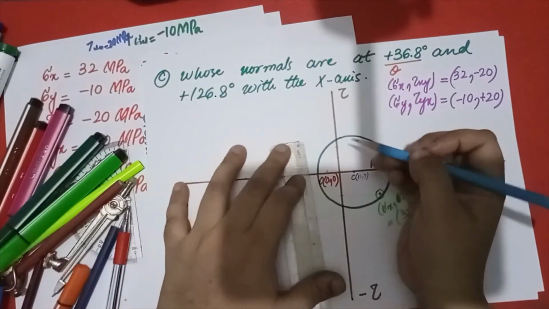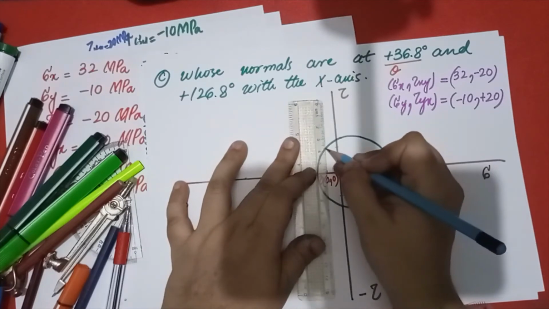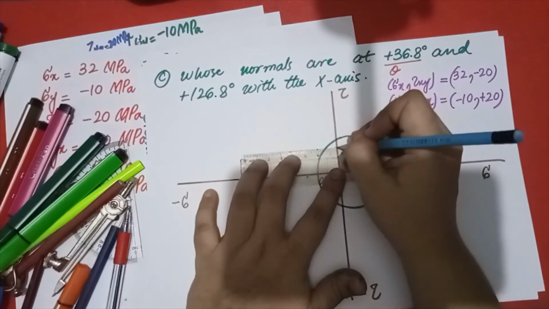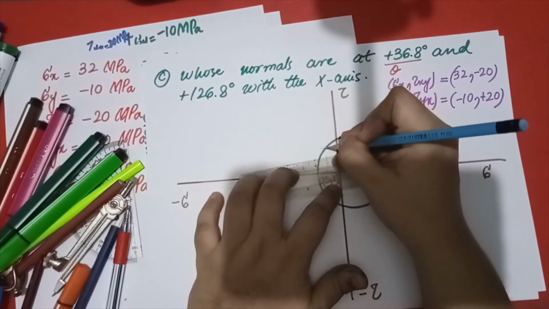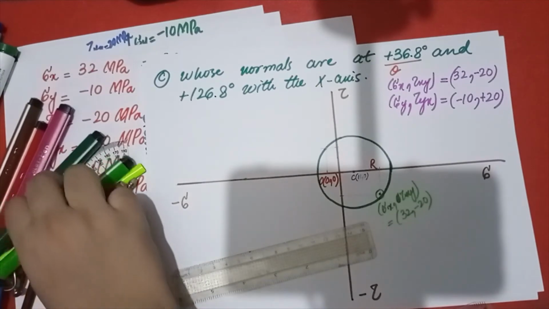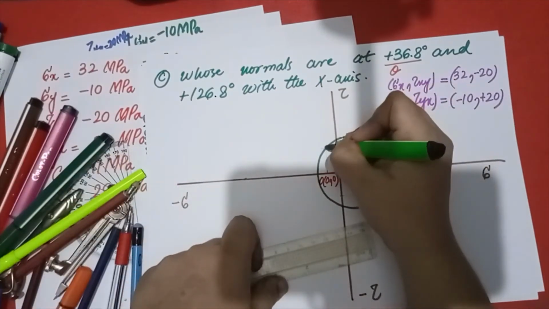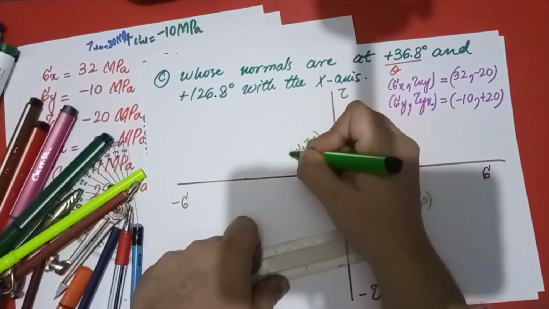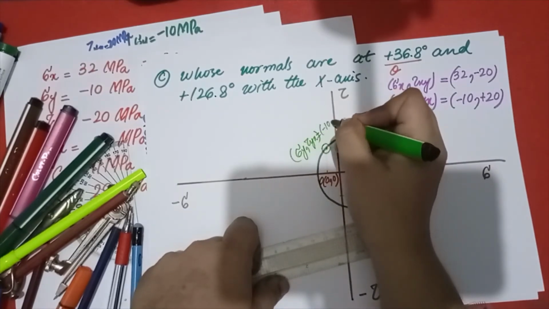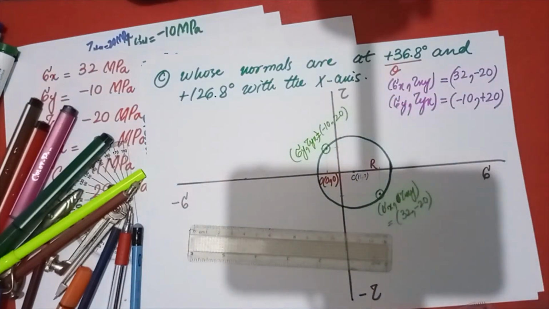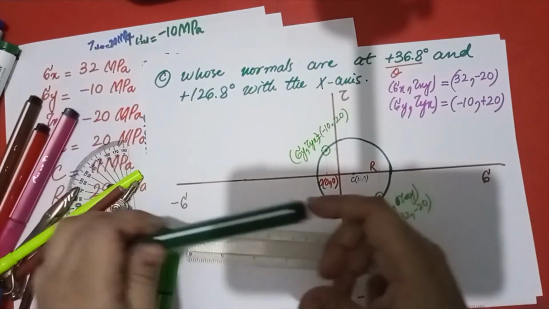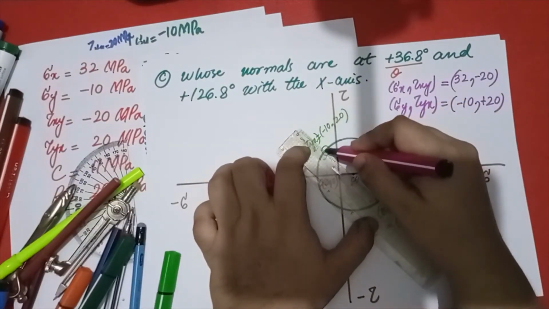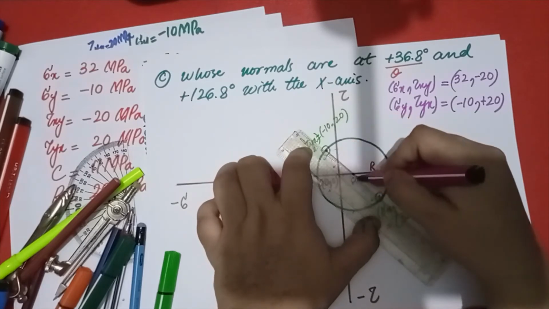Next, with the pencil, I get this point: sigma y comma tau yx equals minus 10 comma 20. Now I have to join these points with a straight line.